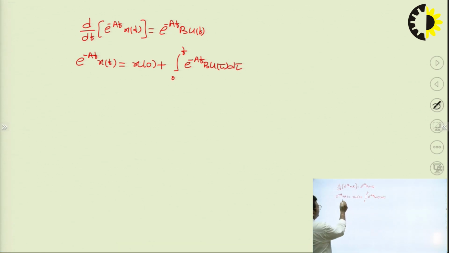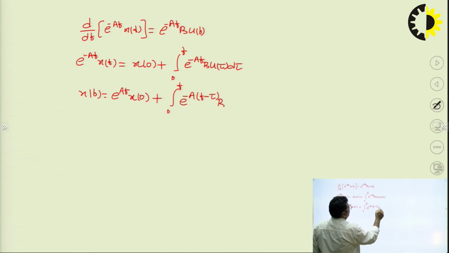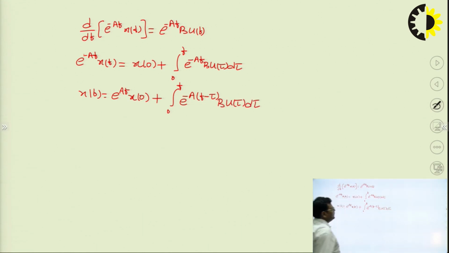Now it can be further written as xt is equal to e to the power at into x naught plus integration 0 to t e to the power a t minus tau b u tau d tau, right? Now, in the previous case, we assumed that this e to the power at we can write as phi t, okay?